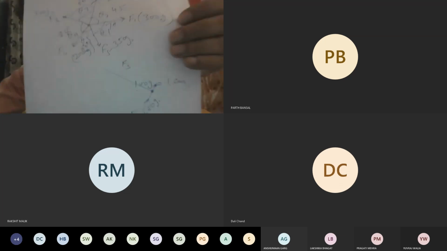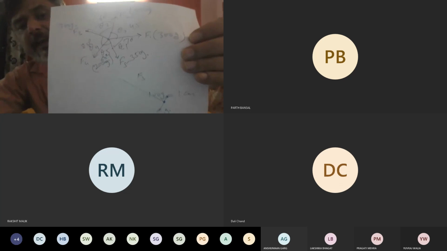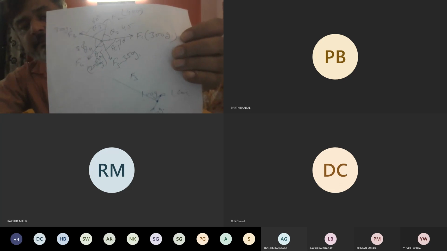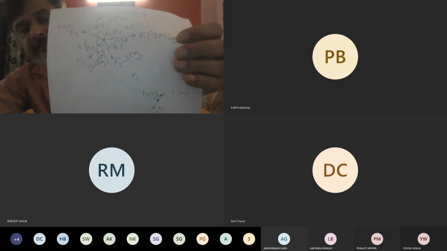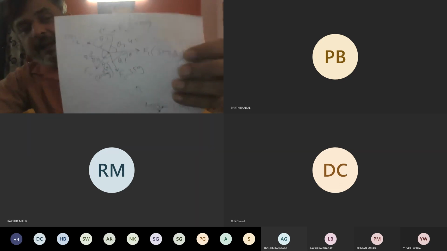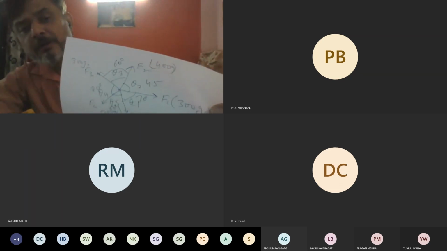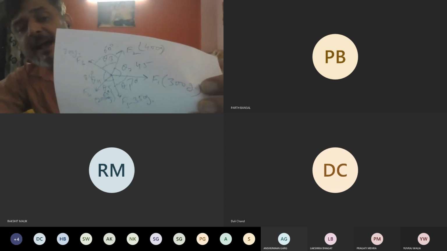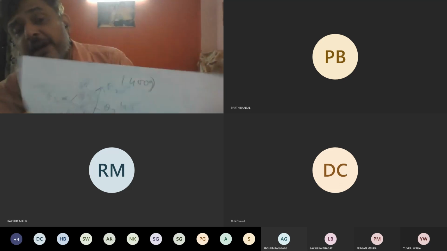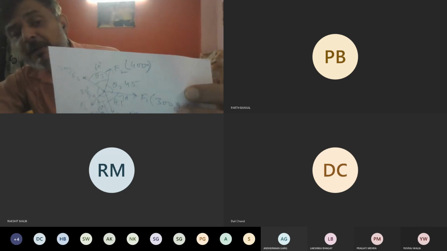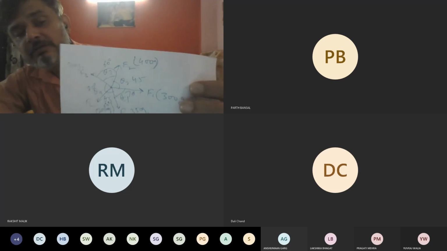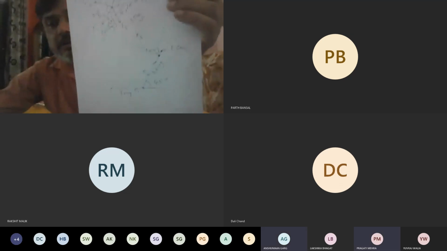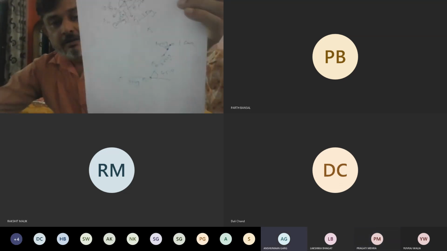This is the 60 degree angle. Okay, F3, 60 degrees, and the magnitude of F3 is 300 grams. It is given to you here. Students? Yes, sir.